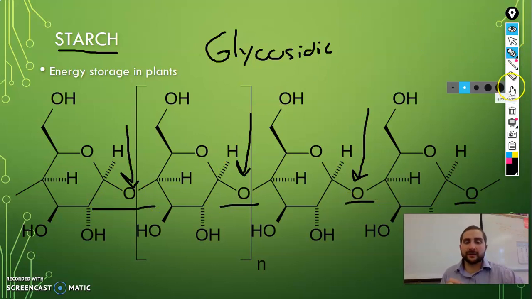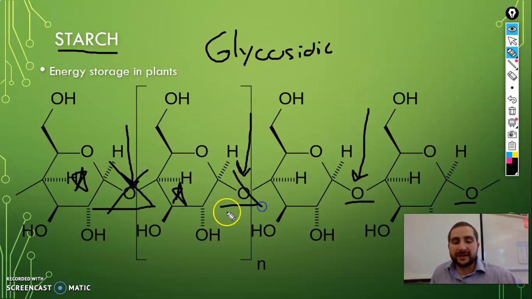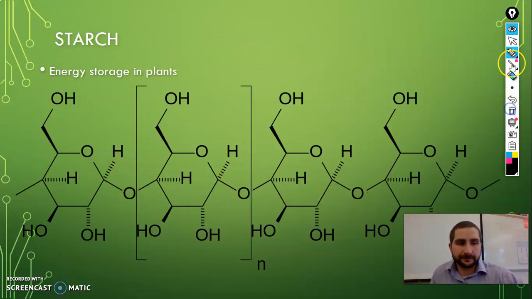That's how they're all connected. One glucose here is connected by a glycosidic bond to another glucose here. If we want to break apart this molecule of starch and get energy out, all we have to do is break these glycosidic bonds, and now we can use the individual glucose molecules for energy.